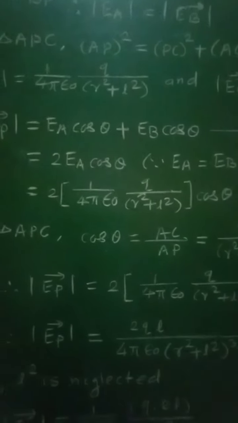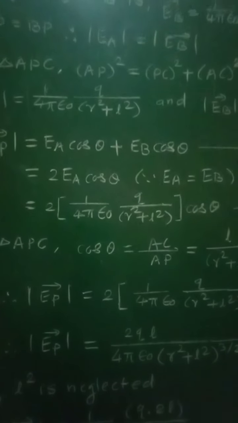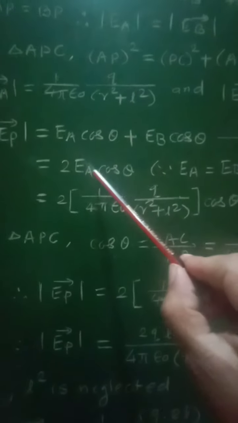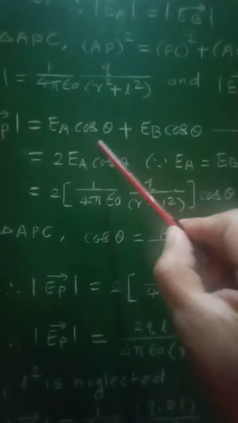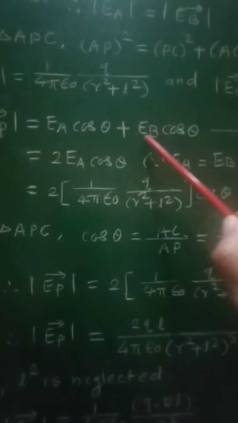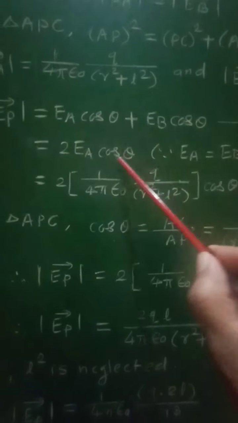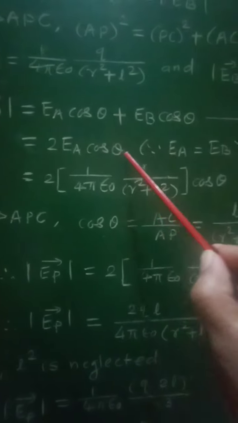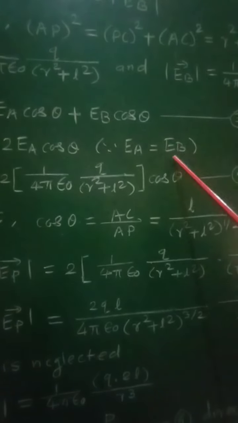Now we know that EA equals EB, and therefore in terms of EA or EB we can write 2 times EA cos theta, because both are the same, and therefore in place of EB cos theta we can write EA cos theta. So EA cos theta plus EA cos theta equals 2 EA cos theta. The reason is given here, since EA equals EB.